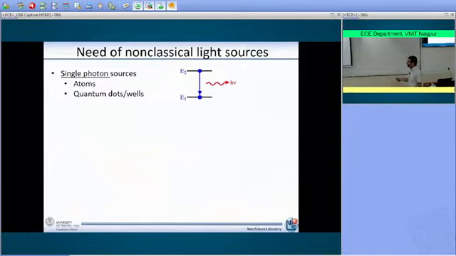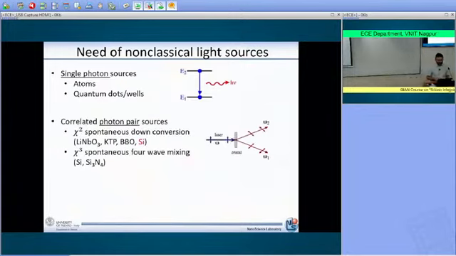We can take an atom or a quantum dot, excite one electron into a high energy state, and then force this electron to recombine. During this recombination, the electron emits a photon. If we have an isolated atom, we can get a source of a single photon. So this is one way to generate a single photon.